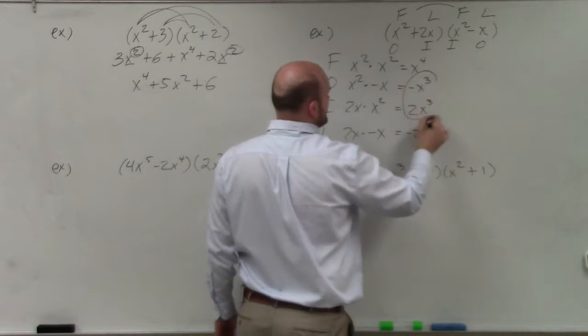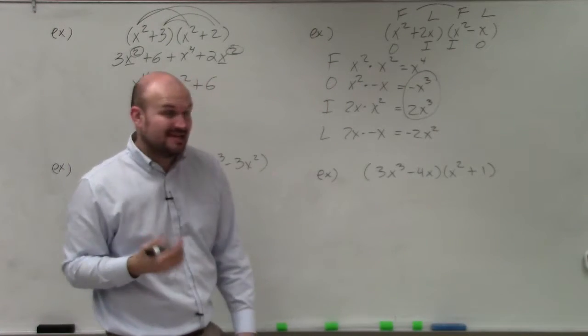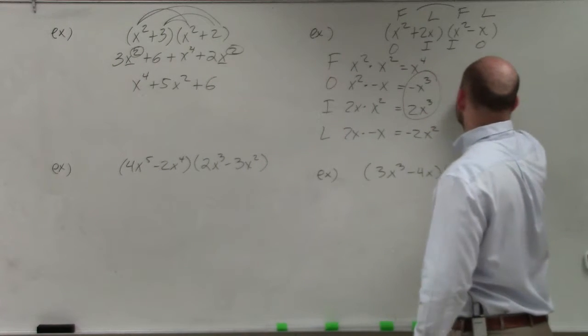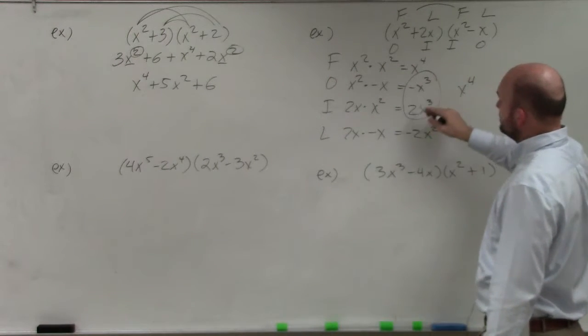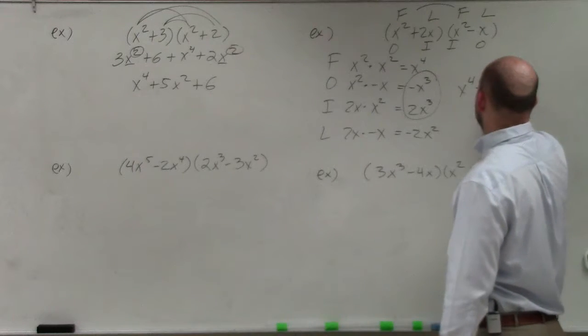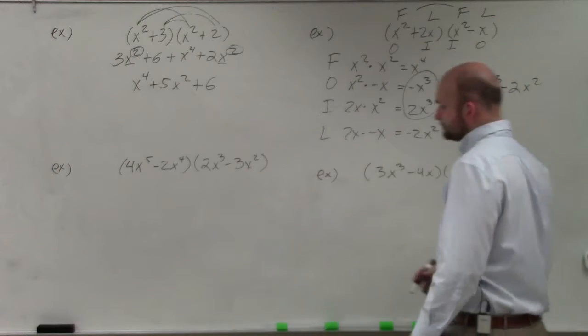You notice that these two terms have the same base, x, and the same power, so I can combine them. Therefore, I'll write this as x to the 4th, negative x cubed plus 2x cubed is a positive x cubed, and then minus 2x squared.